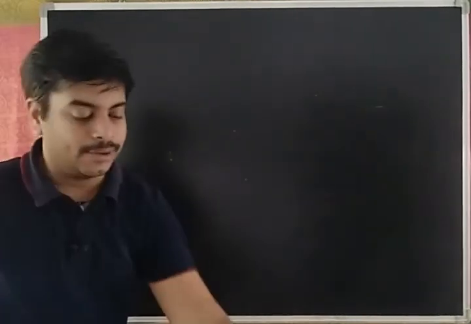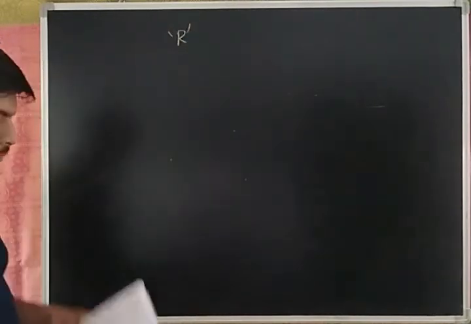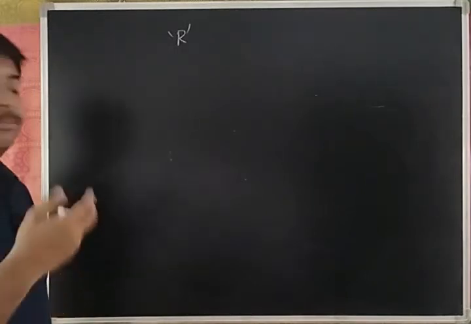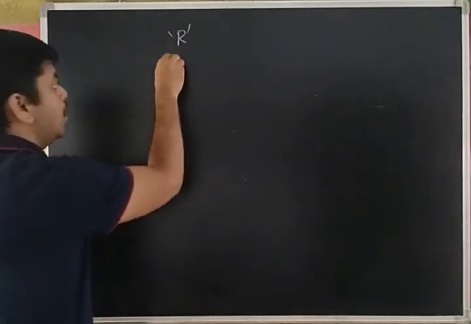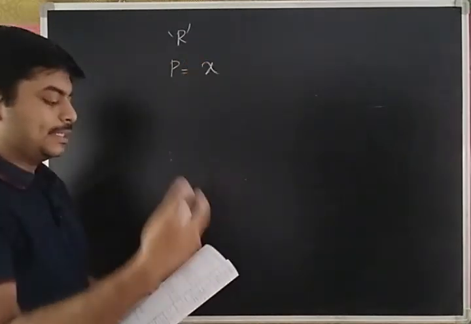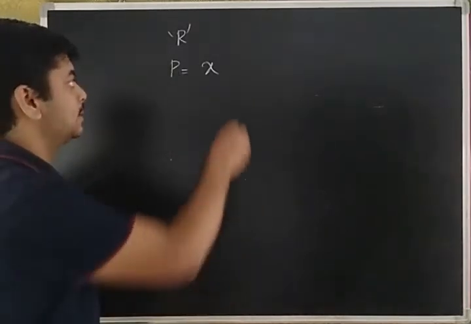So let us write what all we are having. At what rate percent? Let us take the rate of interest as R. Will a sum of money, so do we have the principal amount? No, we also don't have the principal amount, that is X. Triples itself in 16 years.